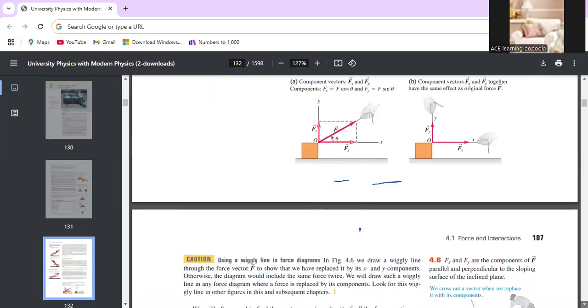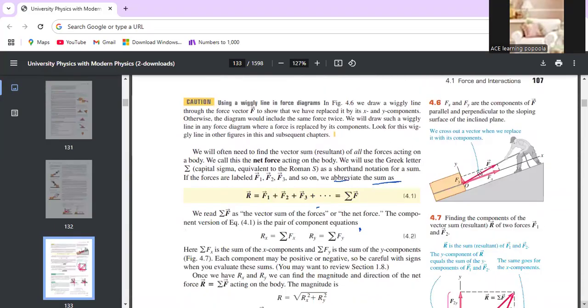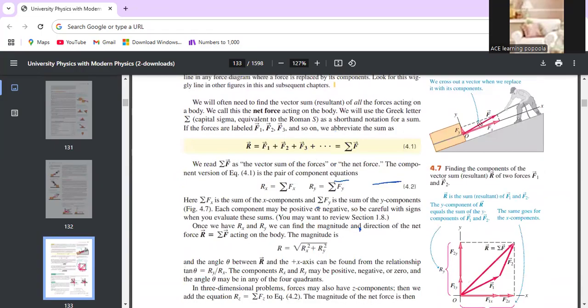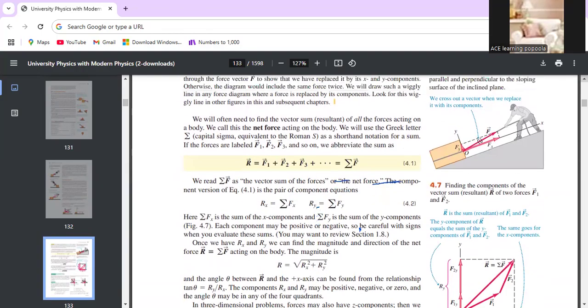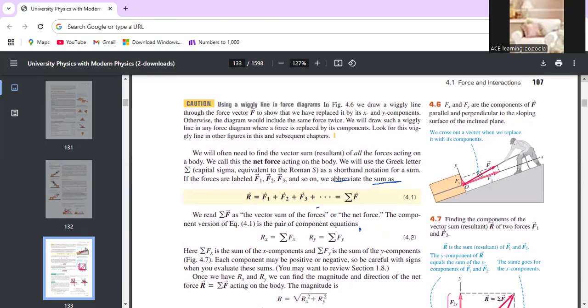So we can also see that when we have several vectors, like I said, we can always find the vector sum to get the resultant. So this is important for our topic. And you would often come across this Greek letter called sigma.